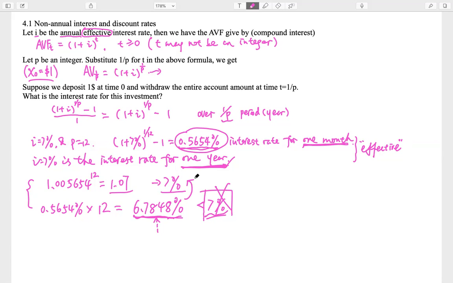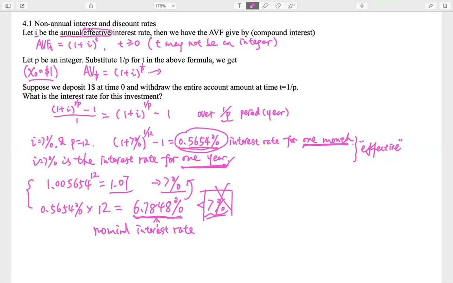That's what we call the nominal interest. We already know 7% is the effective. This is nominal. So this is the nominal interest rate. I believe at some point we will have the formal definition for this, in a few minutes we will discuss that.